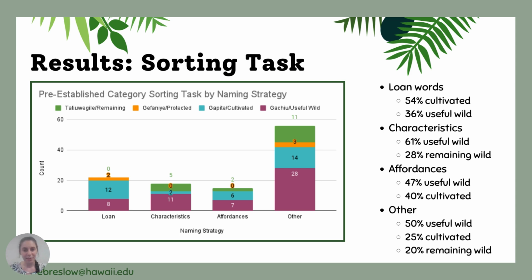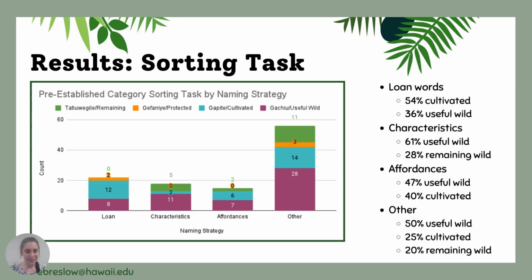You can see that most of the loanwords are cultivated or useful wild plants. The fact that there are so many loanwords being used for wild plants also kind of supports my idea that that distinction between what is cultivated and wild is perhaps less strong on Eauripik, because we would expect that loanwords would often come from plants that were brought intentionally to the island.